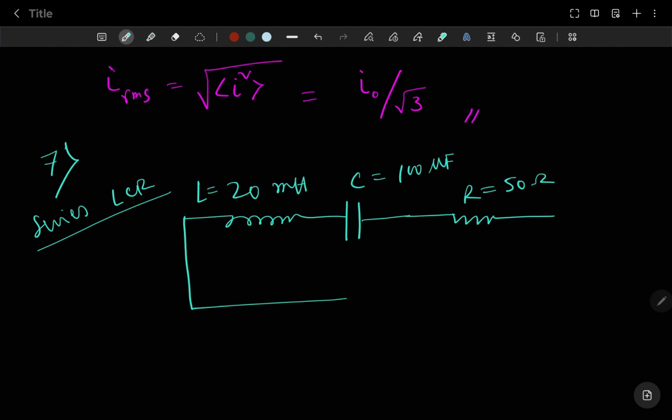It's connected to an AC source of 12 volt, the RMS value, and 50 hertz.